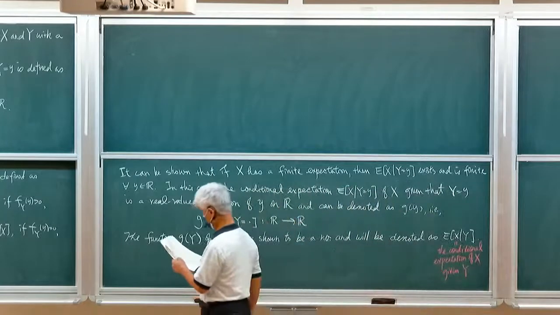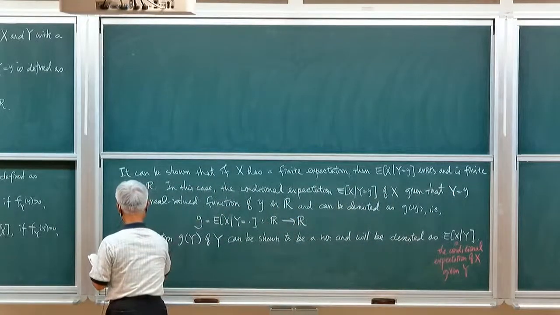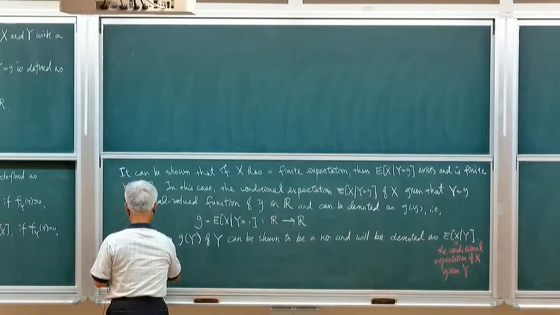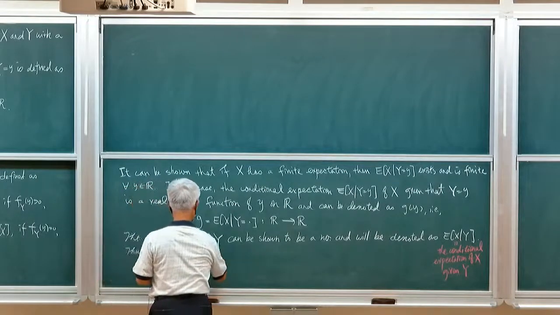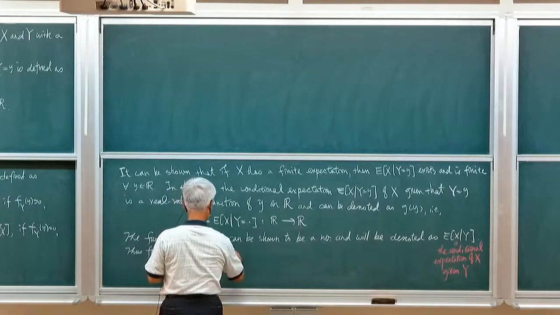Okay, and so that's for an outcome omega in the sample space.